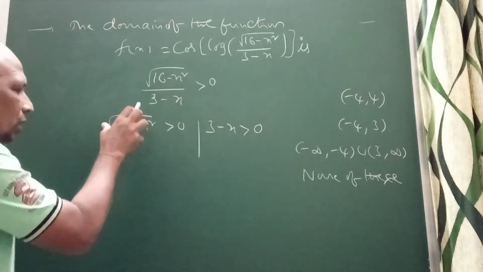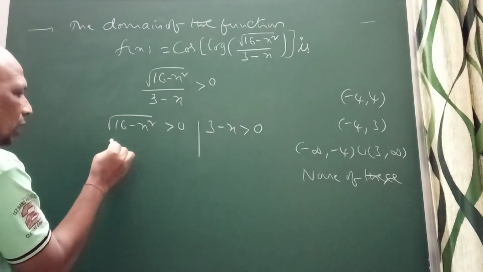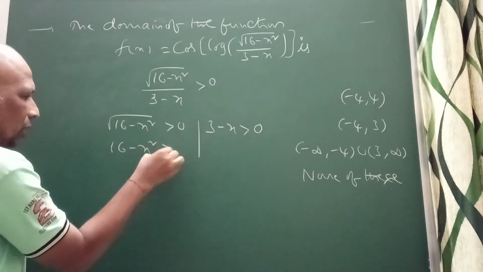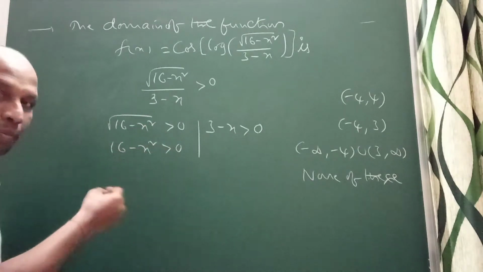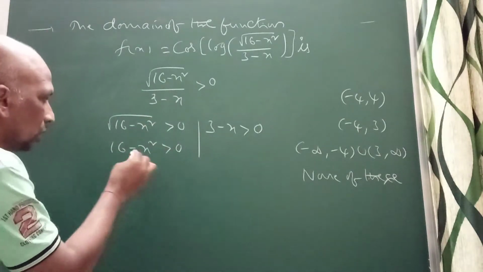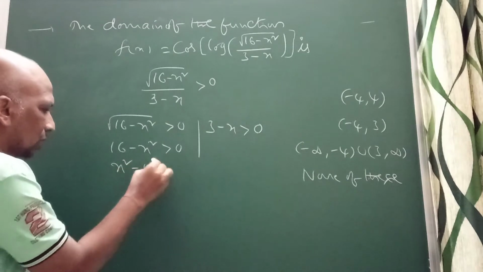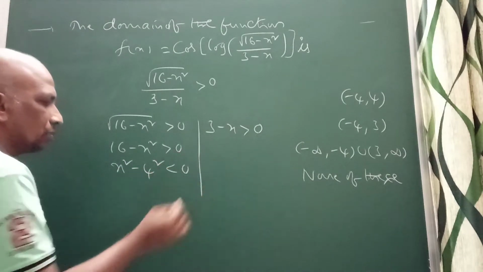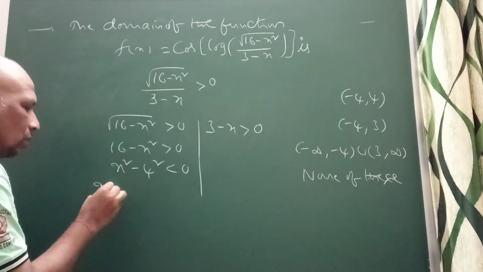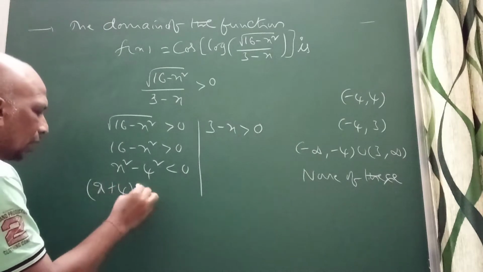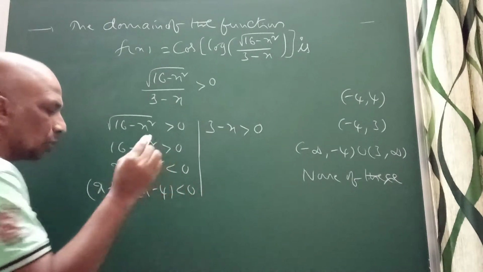Now, squaring on both sides I can write 16 minus x square greater than 0. Multiply with the negative, and this will become x square minus 4 square less than 0, right? Now you can split this: x plus 4 into x minus 4 less than 0, right?